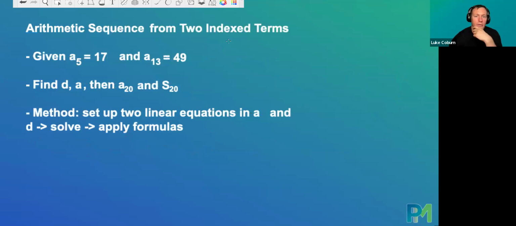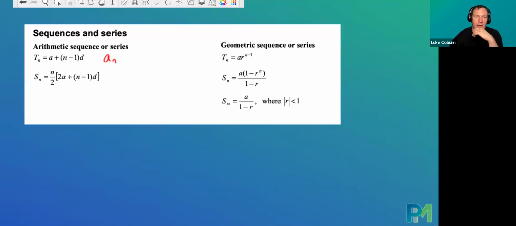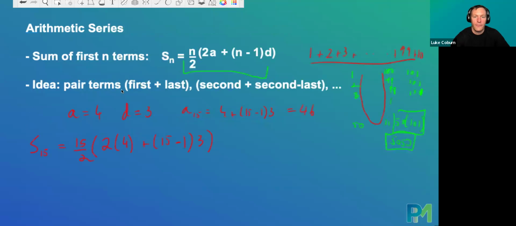Okay, so now what we have sometimes is we might be given two terms in a sequence and their indexes, and then we have to figure out, in order to be able to write down my arithmetic sequence, what it was.